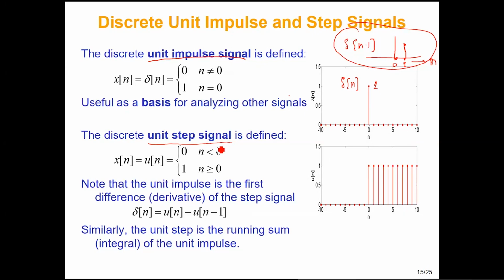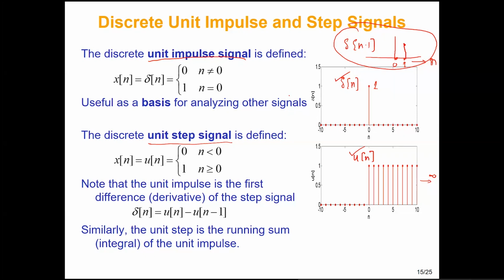The unit step signal is a signal which is 0 from minus infinity all the way to n equal to 0. At n equal to 0, it becomes 1 and then remains 1 all the way to infinity. This is what your unit step signal is. We have a symbol for that. We call this u of n. These two signals, delta n and u of n, are very, very important.